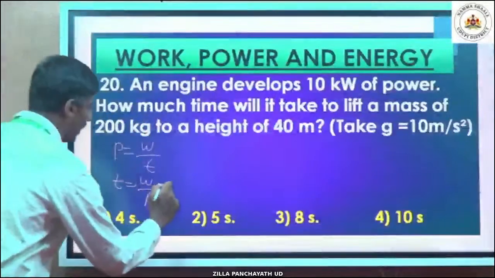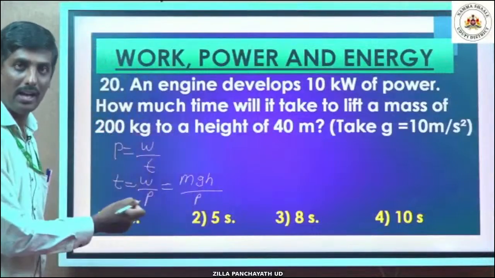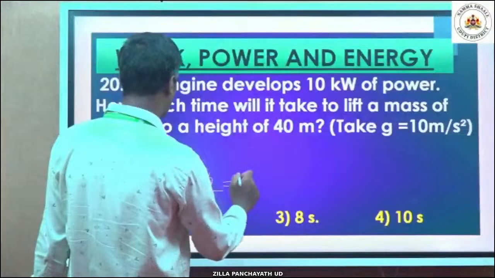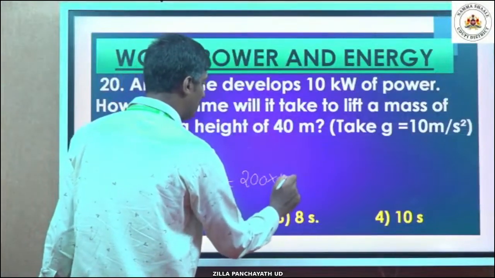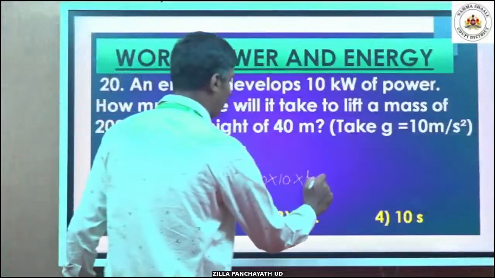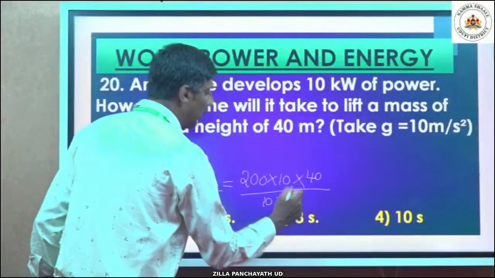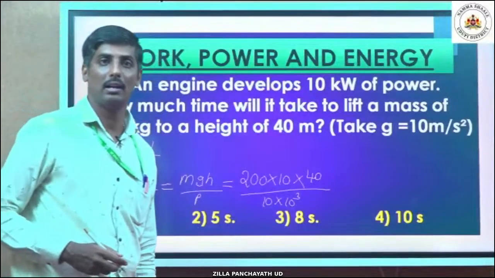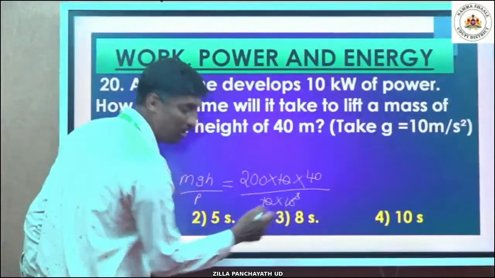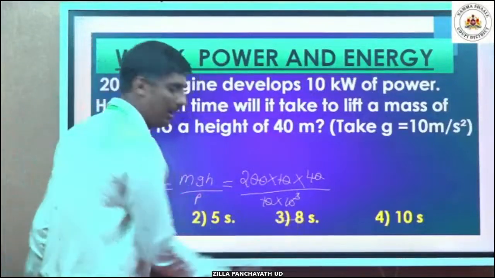So work done is equal to mgh, divided by power. Please do that with substitution. Mass is 200 kg, g value is given as 10, and height is 40 meter, divided by power, 10 kilowatts, which is 10 to the power 3. Okay? See, children, keep on cancelling the powers instead of multiplying. The 10 cancelled, and 3 zeros remain. Cancel 2 0 with 1 0. Remaining 4 2 8. Simple, 8 seconds.